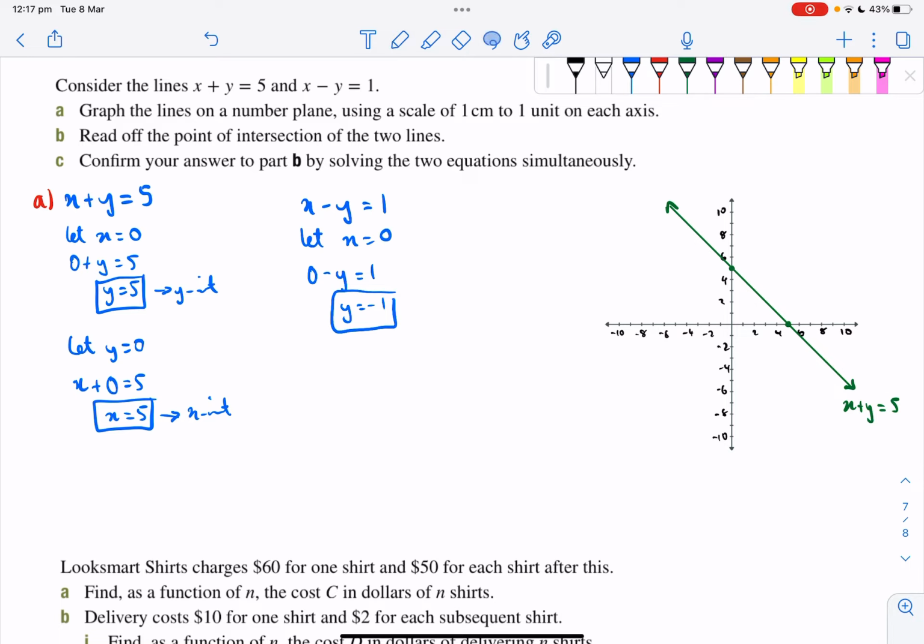This is going to be our y-intercept. Now we're going to look at y equals 0. So we have x minus 0 equals 1. x equals 1. This is our x-intercept.